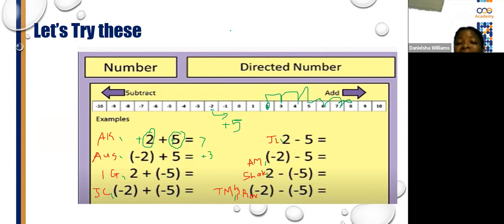But because we're adding a negative, we're going to add in the opposite direction. Meaning we're adding, but we're going to the left because we're adding a negative term.